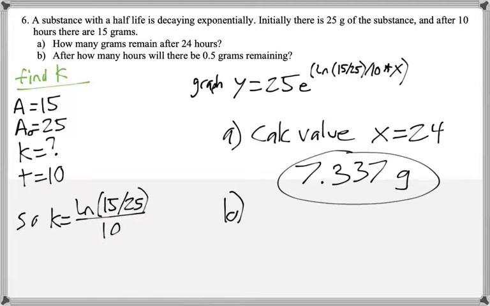Part B says after how many hours will there be 0.5 grams remaining. So the 0.5, that's a y value. So I want to type in 0.5 for my y2 and then use the calc intersect command.